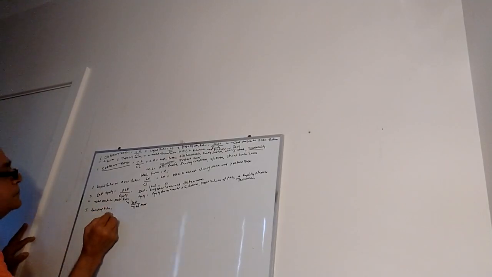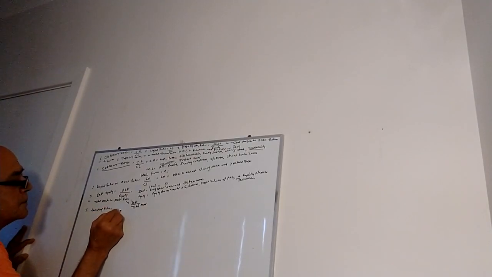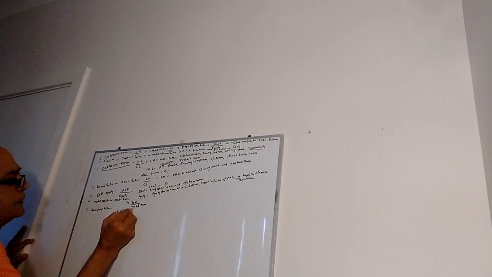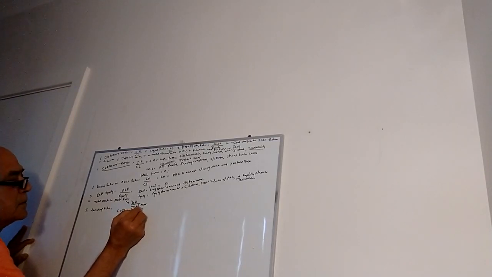Then fifth is operating ratio. This is cost of goods sold plus operating expenses upon net sales.